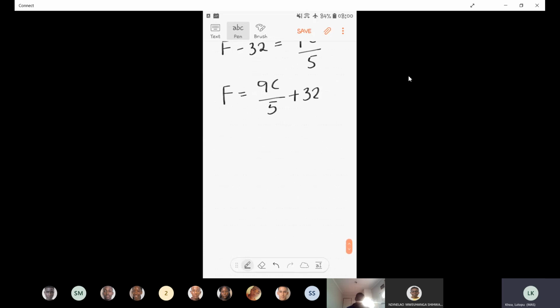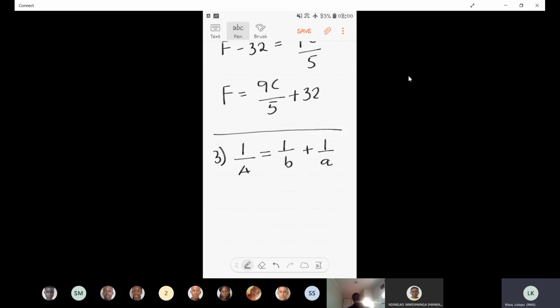And number 3, I have 1 over A is equal to 1 over B plus 1 over a. And then we have to make B the subject of the formula.